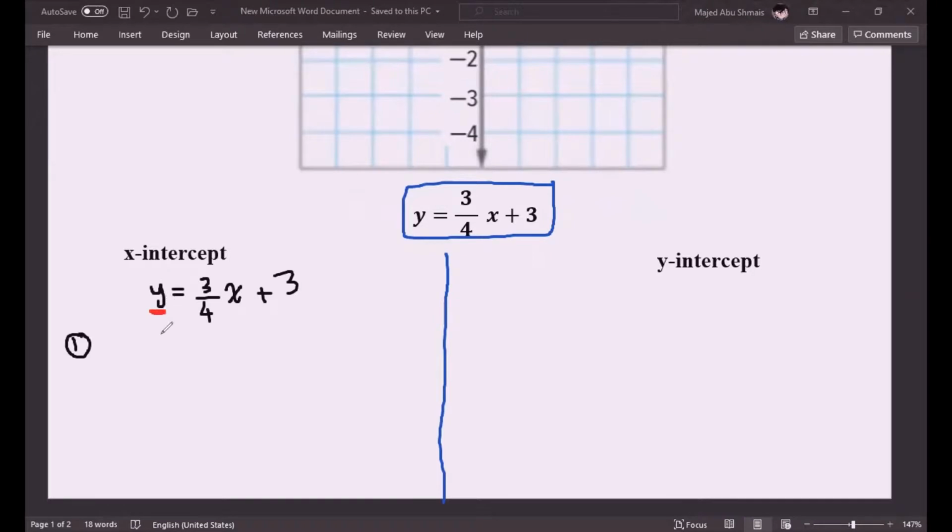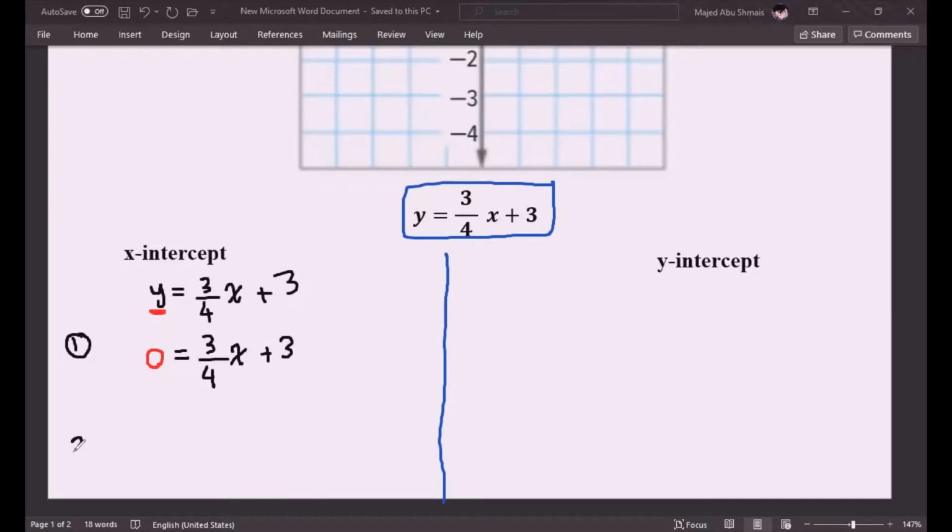Instead of writing y, we write 0. 0 is equal, and we continue the same equation as it is, 3/4 times x plus 3. This is the first step. So the first step is to write 0 instead of y. Why? Because we are going to calculate the x-intercept.